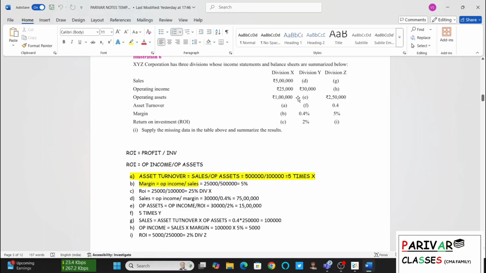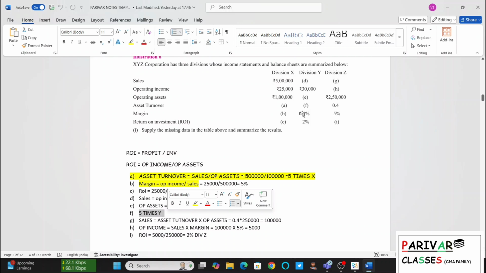Let us first compare division X and division Y. Division X is having an asset turnover ratio of 5 times. We calculated this. And division Y is also having an asset turnover ratio of 5 times. Both are efficiently utilizing their assets.